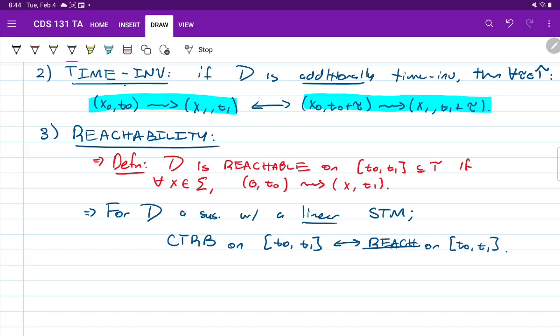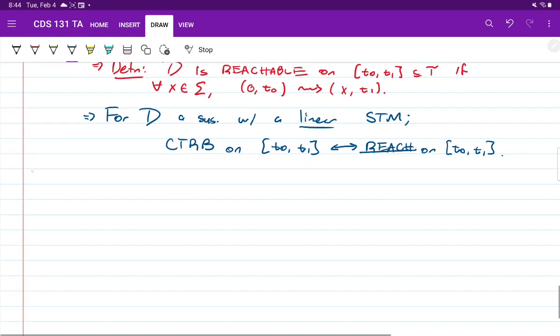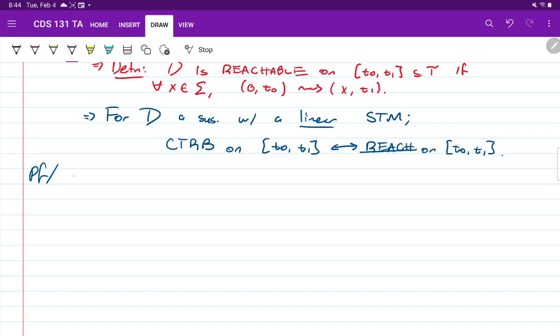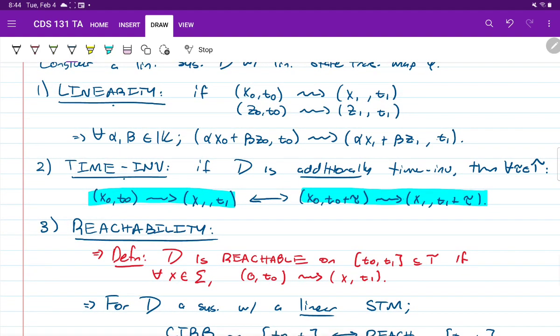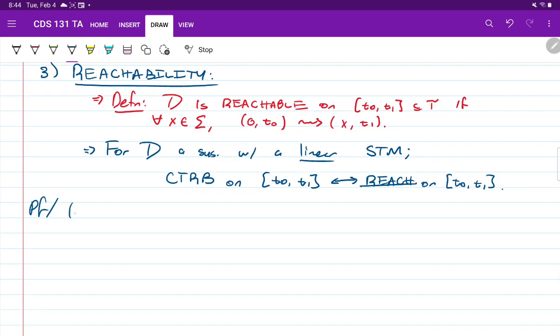So even though reachability might seem like a weaker condition than controllability, for a system with a linear state transition map, these two things are identically equivalent. All right, so I'm just going to give you a quick proof sketch of this. These first properties 1 and 2 follow directly from the definitions of linearity and time invariance. So 1 and 2 are just basic applications of linearity and time invariance.